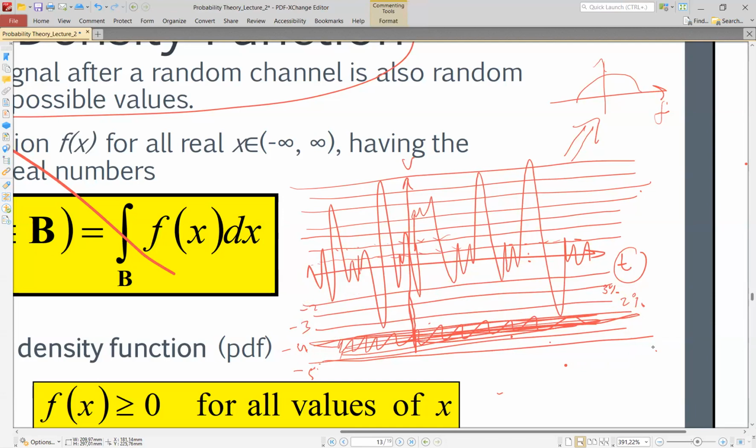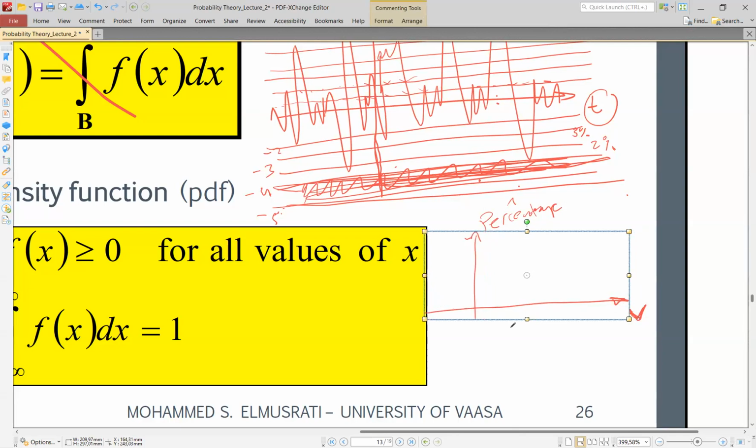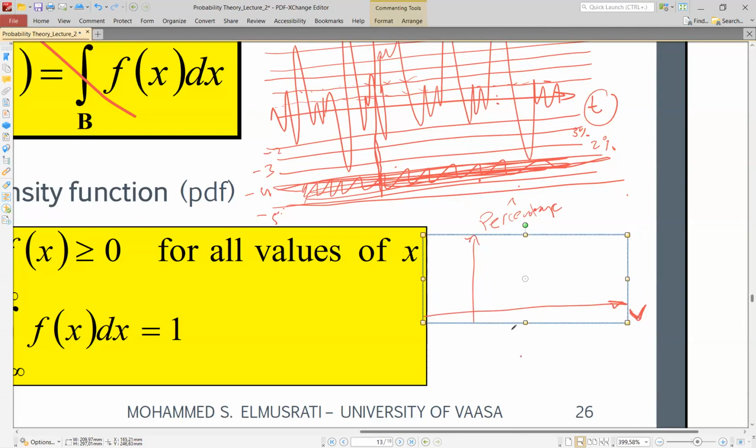So what does that mean? Let me draw another two-dimensional plot, and I put here the amplitude, the changes in the amplitude, and then here I put the percentage of the signal at that amplitude.